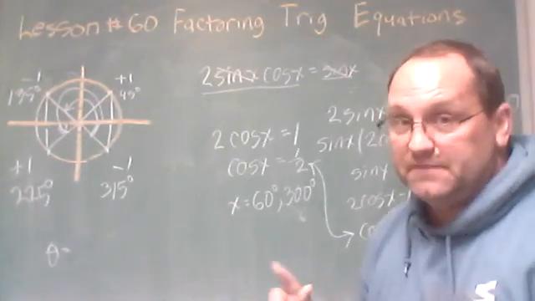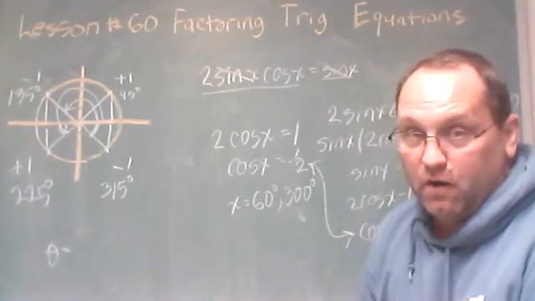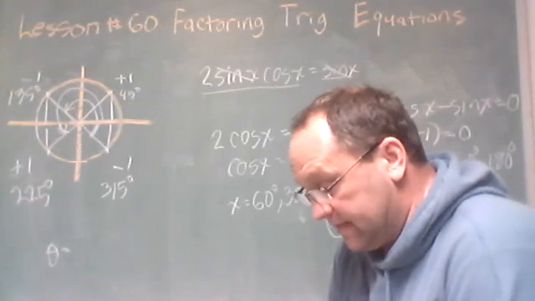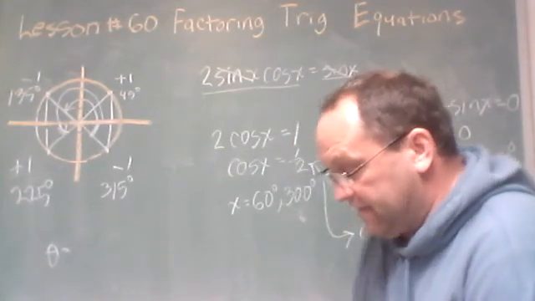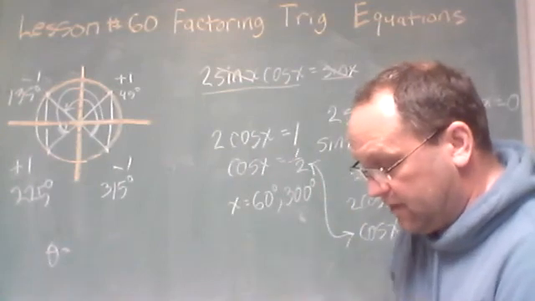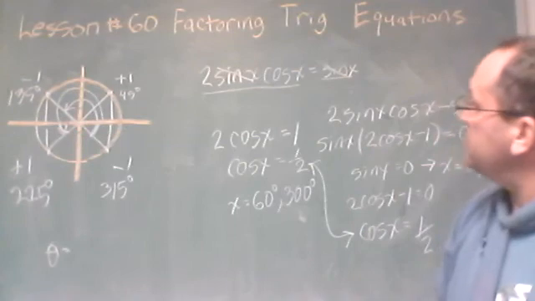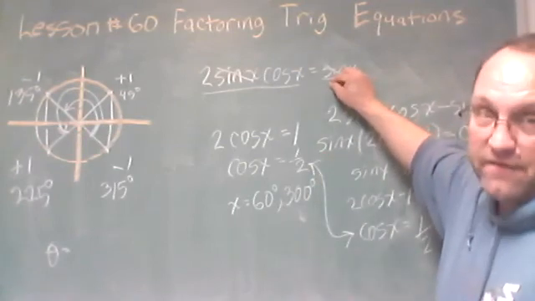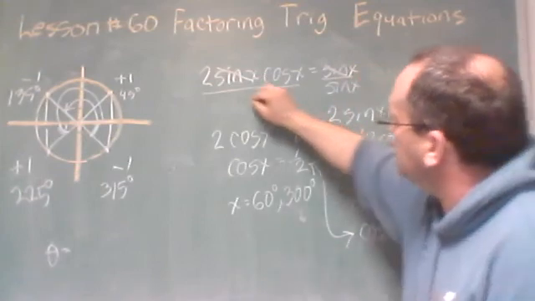So the thing to be careful with, if you notice at the top of page 394 in bold type, it says, if an attempt is made to reduce an equation by dividing both sides of the equation by a term containing the unknown, in that first case we divided each side by the sine of x.